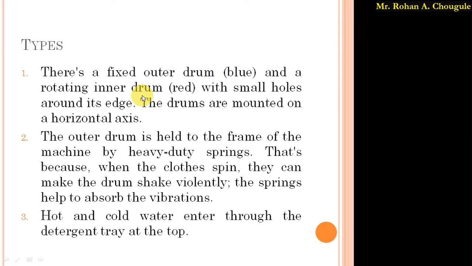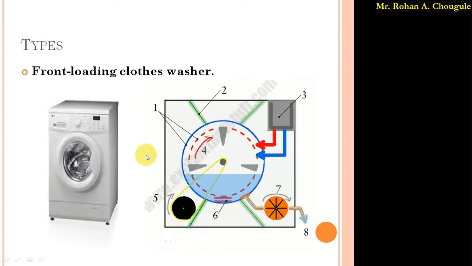As I said in the previous lecture, the outer drum is fixed and the inner drum is rotating. The inner drum has small holes on its edges and the drums are mounted on a horizontal axis. So this is the first point.